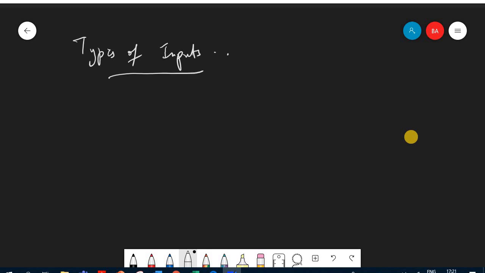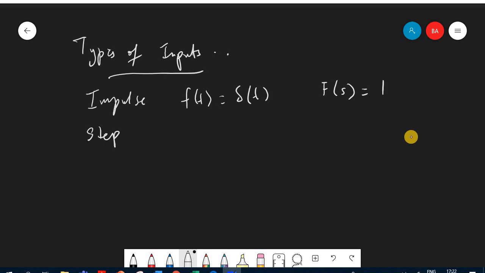So the types of inputs that we could have, very popular in our industries, could be an impulse input, which looks like that, and in the s domain is going to be 1. For a step input, f of t is going to be a, and in the s domain this is going to be a over s.